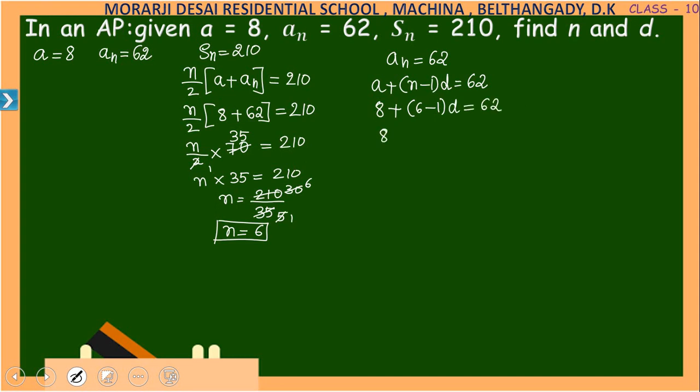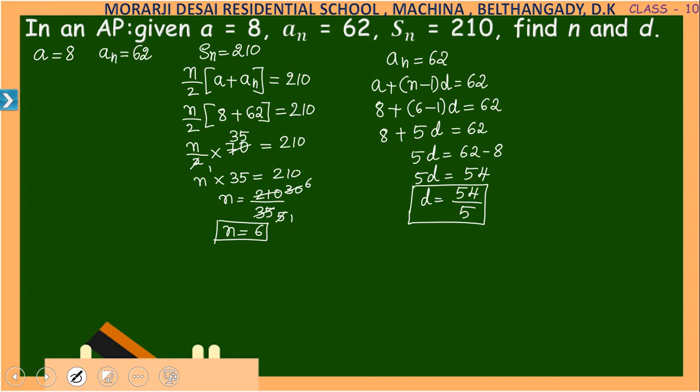So 8 plus 6 minus 1 is 5, d is equal to 62. So 5d is equal to 62 minus 8. That is 5d is equal to 54. d is equal to 54 by 5. So the value of d is 54 by 5. Value of n is 6.